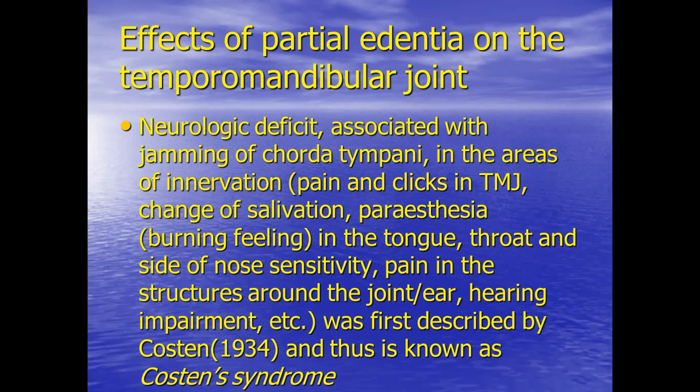So the result of this is pain and clicking in the TMJ, the change of salivation and paresthesia like burning feeling in the tongue, throat and side of the nose, sensitivity, and pain as well in the structures around the joint, the ear, because we are also near this anatomical structure. So we can have also hearing impairment and some other symptoms.